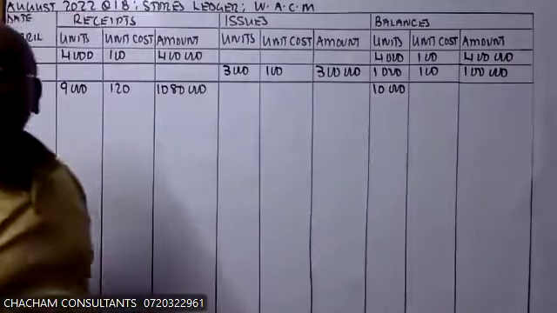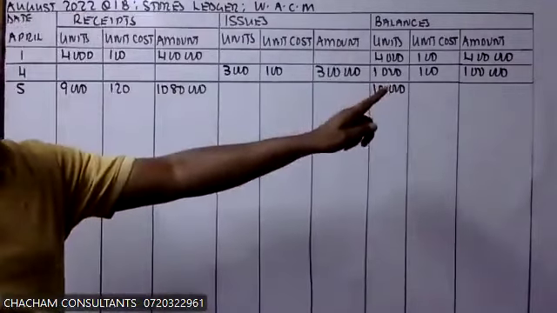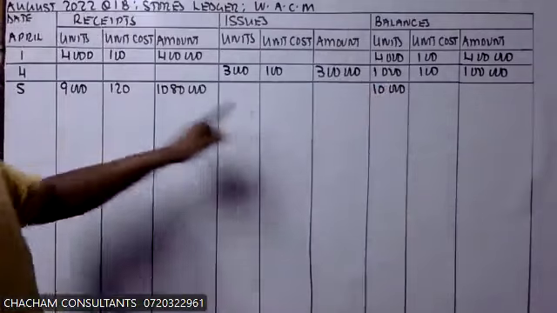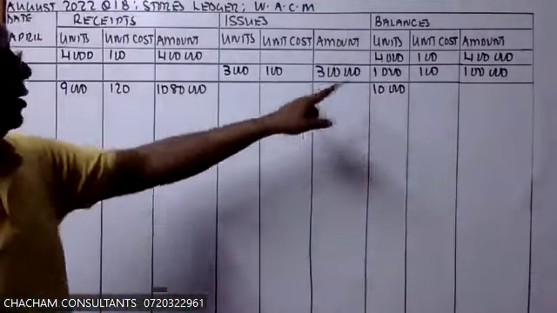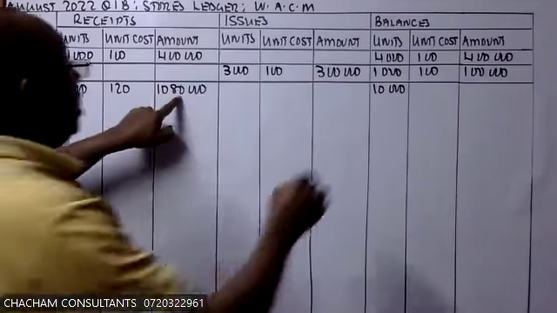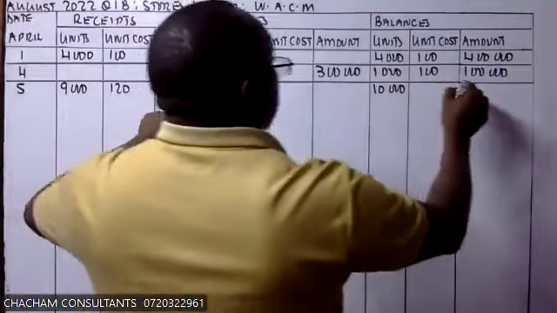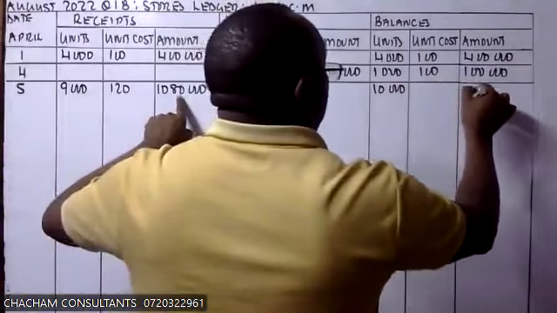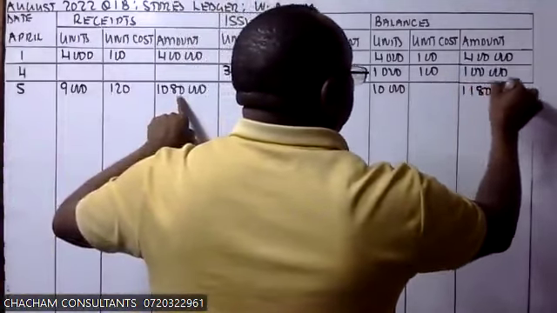So we are not separating them like we did with the LIFO. Then you do the same with the cost. This cost, 1,080,000, you add to this one so that you get 1,180,000.